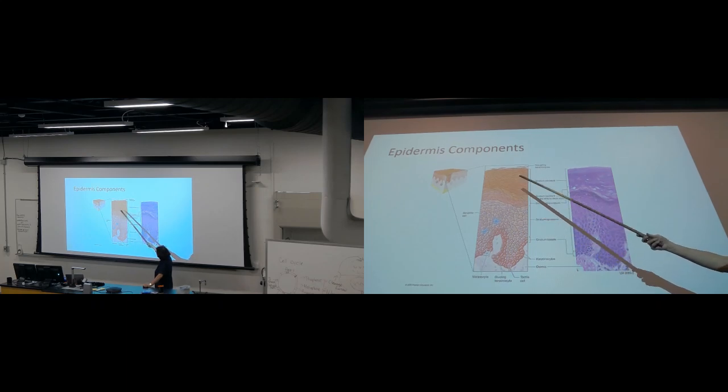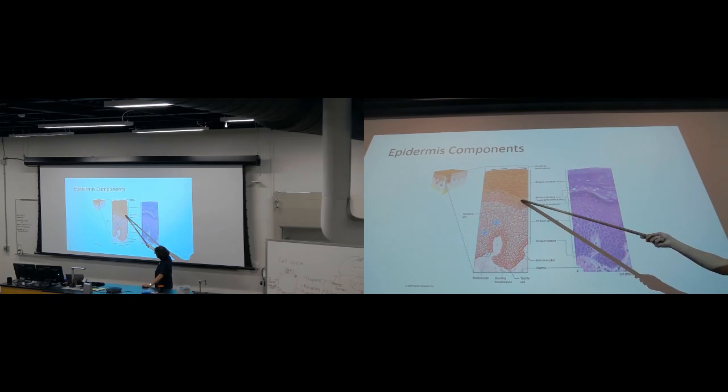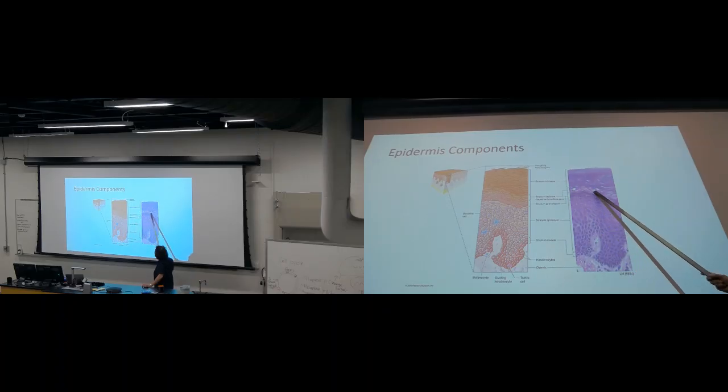And then if it's in thick skin, you will have a next layer that is going to be very thin, almost translucent. So this is the stratum lucidum. So you don't have nucleus in this stratum lucidum, as you can see here. In all of these cells, you have a nucleus, but not in this layer.